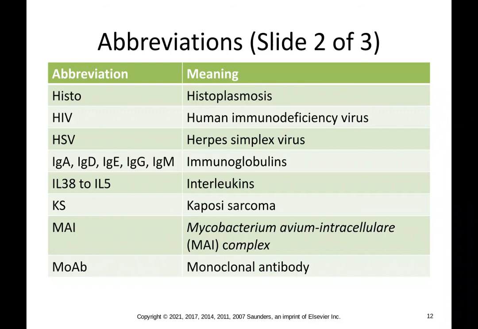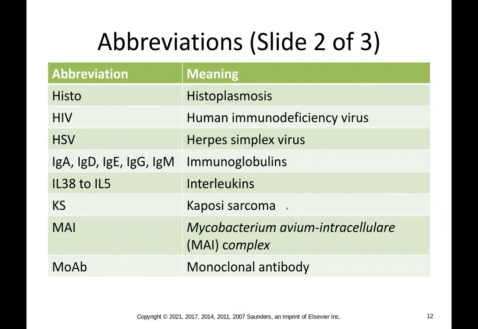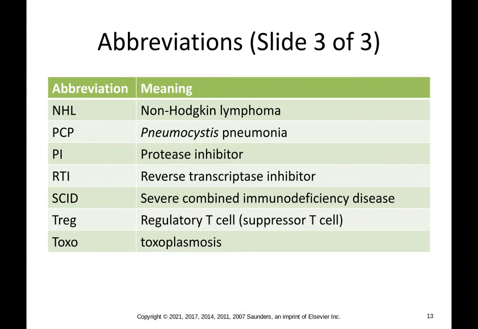IgA, D, E, G, and M are the immunoglobulins, IL-1 all the way to IL-5 are the interleukins, KS is Kaposi sarcoma, MAI is Mycobacterium avium intracellular complex. MOAB is the monoclonal antibody. NHL is non-Hodgkin lymphoma.